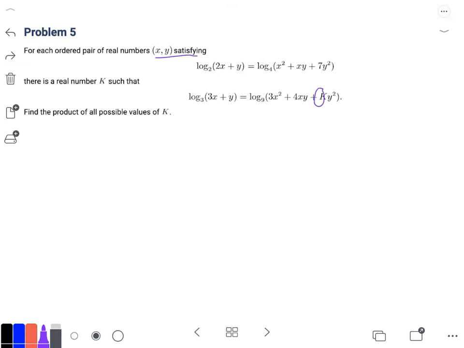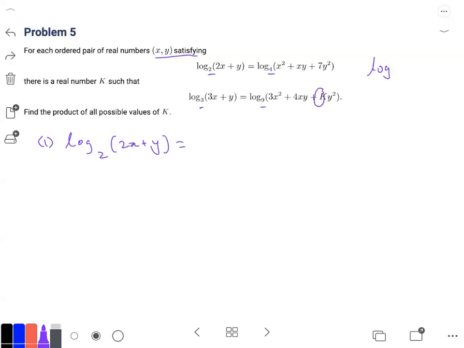Okay, so the first thing that caught my eye in this problem were the interesting bases, namely that one is the square of the other. So let's use some logarithm properties. This is our equation 1, log 2 of 2x plus y. I'll list some properties on the side.